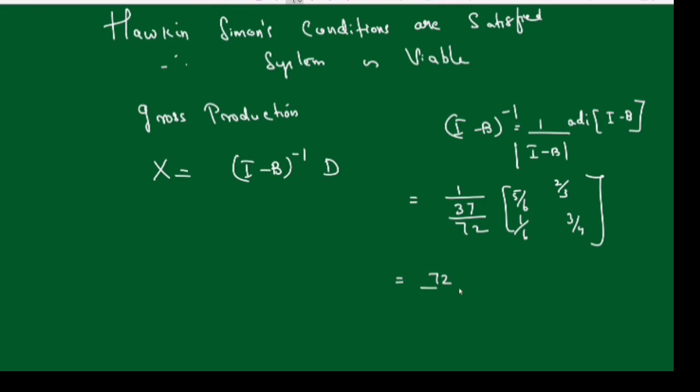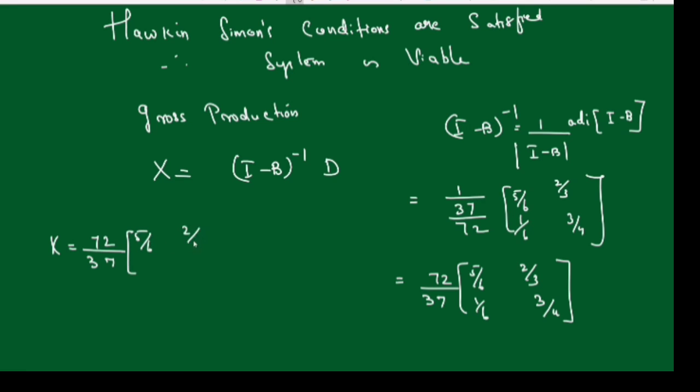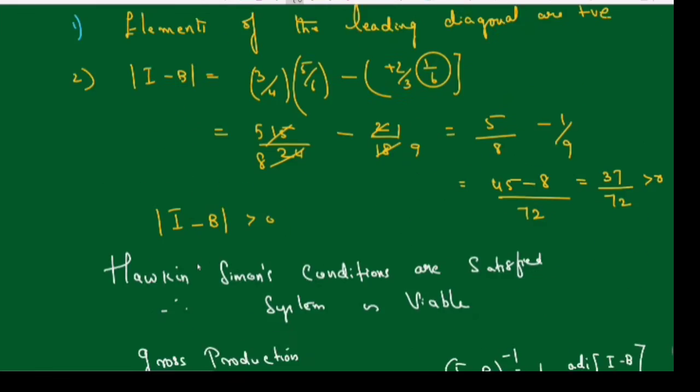So 72 by 37 into 5 by 6, 2 by 3, 1 by 6, 3 by 4. So X is equal to I minus B inverse, that is 72 by 37 into 5 by 6, 2 by 3, 1 by 6, 3 by 4 into the final demand.